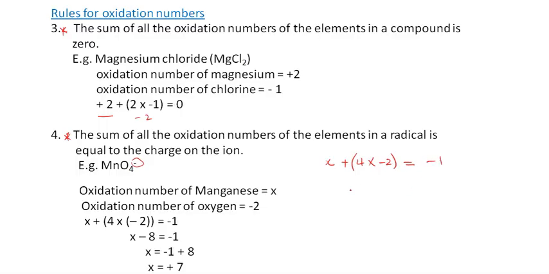So X minus 8 equals -1. Therefore X equals -1 plus 8, so X is +7. The oxidation state of manganese in this case is +7.